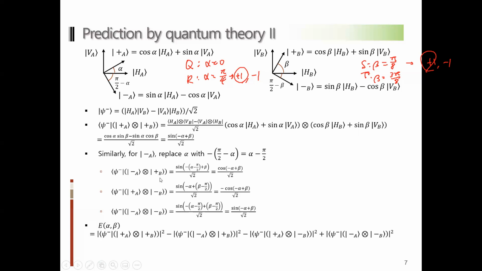For the second case, I can just calculate the square of the absolute value, but I have to keep the minus sign in front of it, because here I'm assuming that R is -1 and S is +1. So the product of RS is -1. And for the third case, it is the same, so I have -1. And for the fourth case, -1 multiplied by -1 will become +1. So that's why I have this +1.